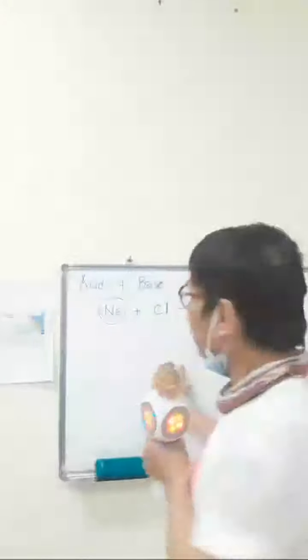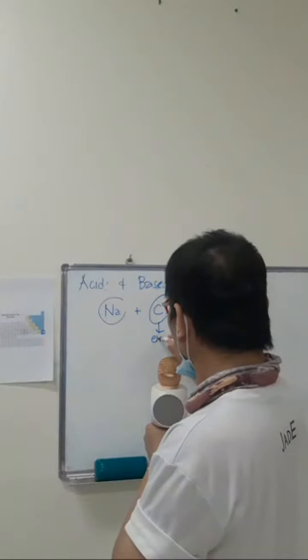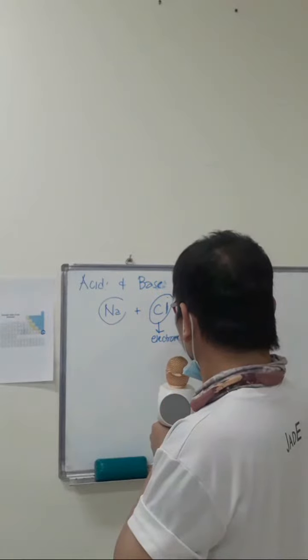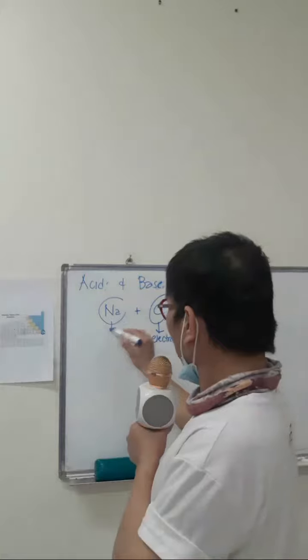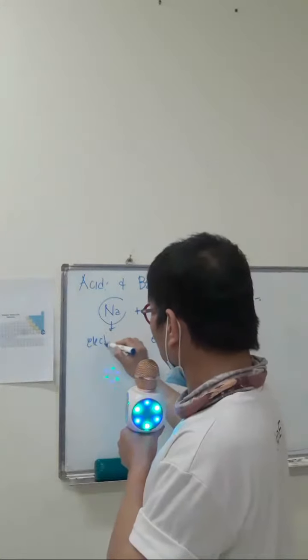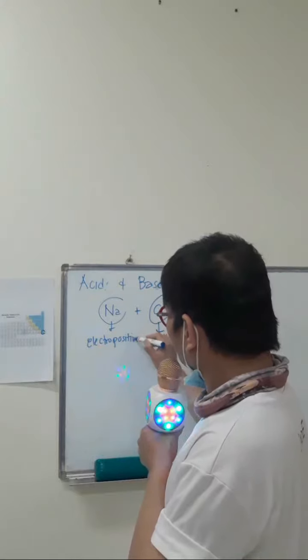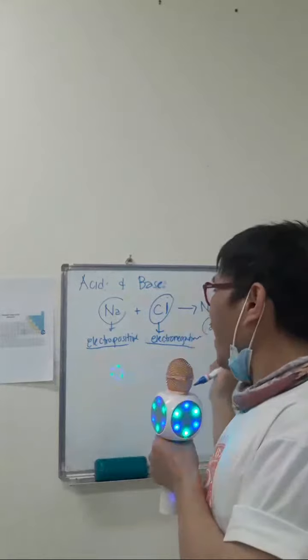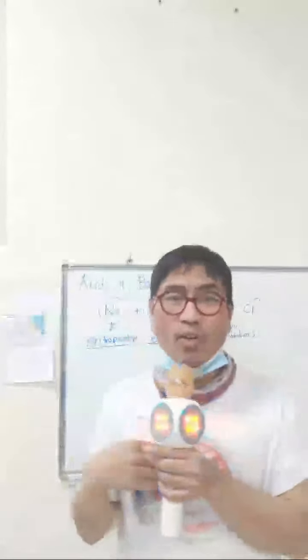So chlorine is electronegative. Sodium is electropositive. You get the point? Now, the electropositive sodium doesn't need more electrons by itself.